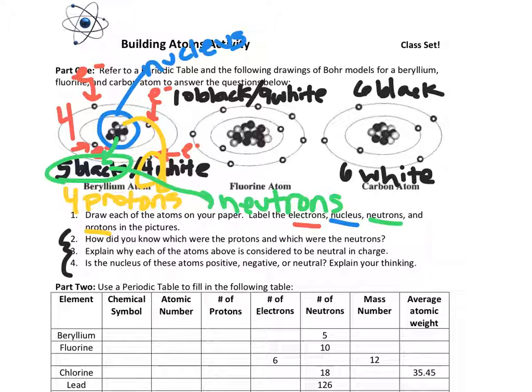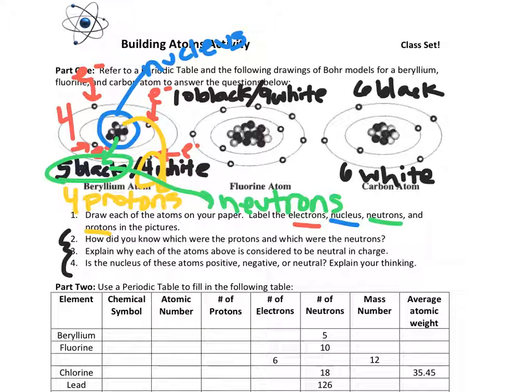So please do not copy this data table in your notebook, because you're going to get a white piece of paper that you can write right on, and you've got tape at your desks to put it right in your notebook and start filling it in. For this part, you're definitely going to need a periodic table. So hopefully you've got one of those as well.